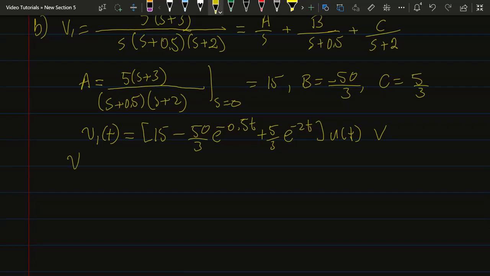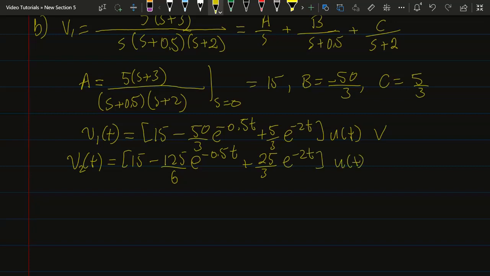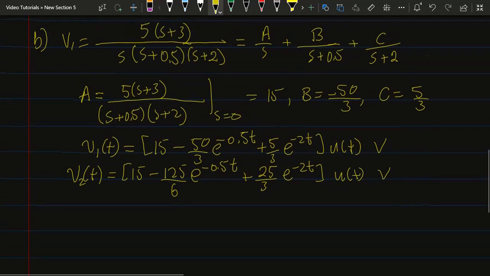Similarly, you can calculate V2 of t, which is equal to 15 minus 125 over 6 e to the minus 0.5t plus 25 over 3 e to the minus 2t, u of t volts. And this is my answer for part B.